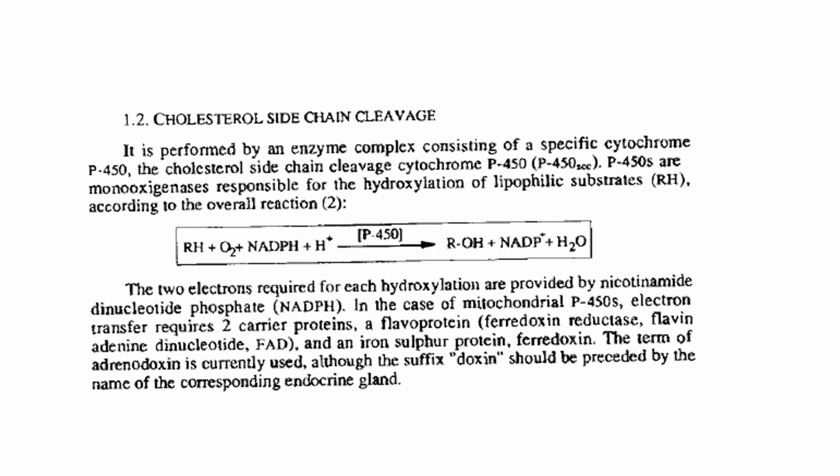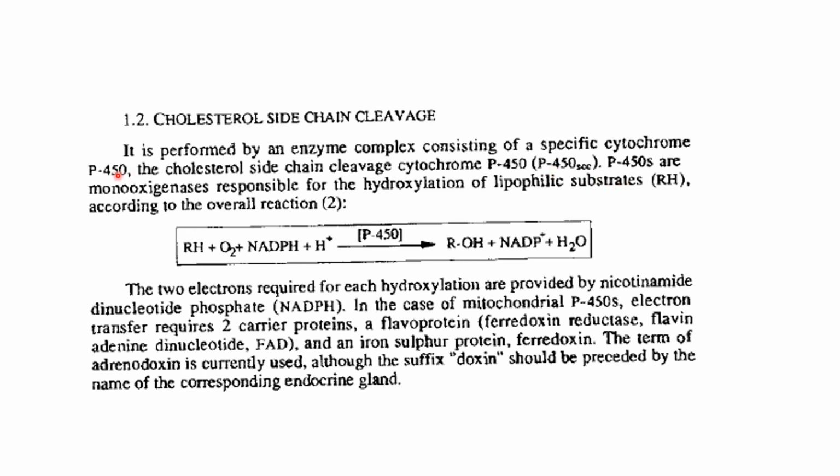Side chain cleavage is performed by an enzyme complex consisting of a specific cytochrome P450, which is a type of enzyme. So it's called cytochrome P450 side chain cleavage enzyme. Anytime you see P450 SCC, that stands for side chain cleavage. That enzyme complex is located on the inner mitochondrial membrane.